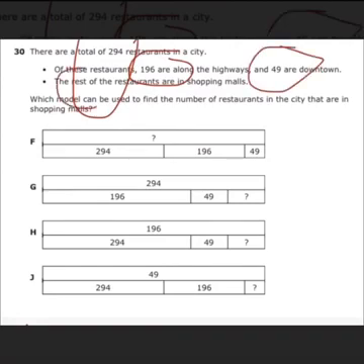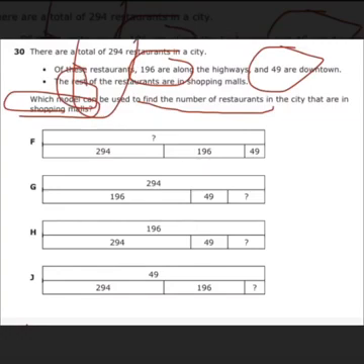But I'm looking for the rest. I don't know the rest. I want to find the number of restaurants in the city that are in shopping malls. I know the rest are shopping malls, so I'm trying to find shopping malls. I know that looks funny, but bear with me, y'all.